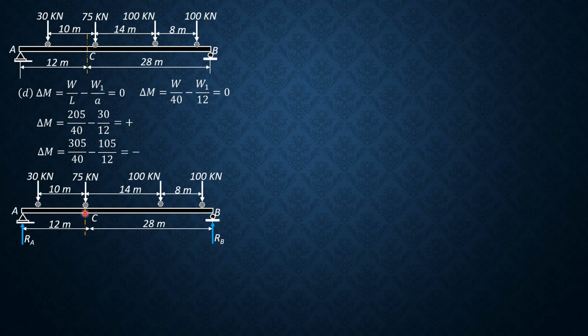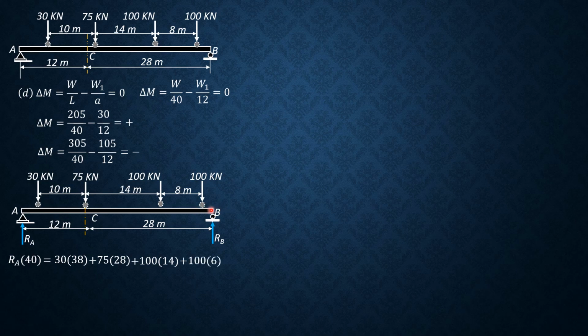So to solve for moment at C, we solve for RA first. We sum up moments about B. So RA times 40 equals 30 times 38. That's 38, 10 plus 28, plus 75 times 28 plus 100 times 14, because 28 minus 14 is 14. Then plus 100 times, this is 6.